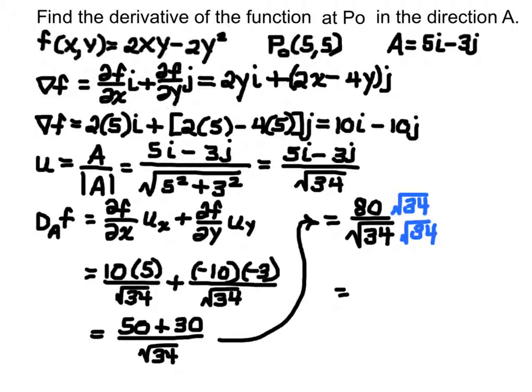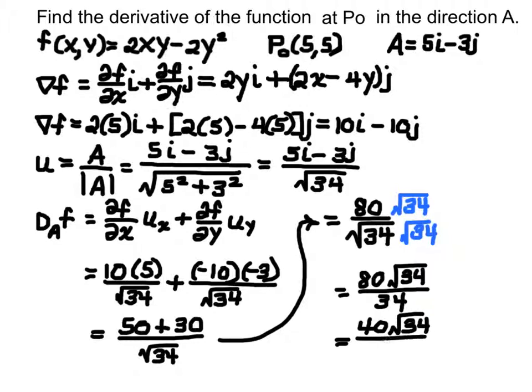And we get 80 times the square root of 34 over 34, which reduces to 40 times the square root of 34 over 17. So the derivative of the function at p naught in the direction of a is 40 radical 34 over 17.